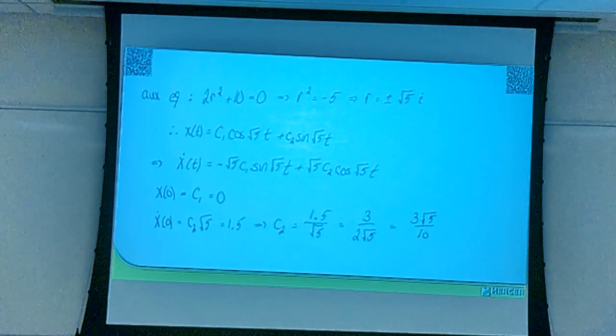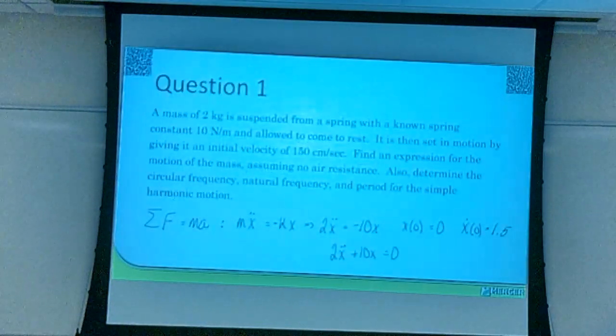Notice I'm making a major assumption here with the roots positive. I know that the initial velocity was exactly 150 centimeters per second. So I'm saying that's 150 point an infinite number of zeros, and I'm not rounding it. Otherwise, I'd have to actually use sig figs with 1.5 over root 5.